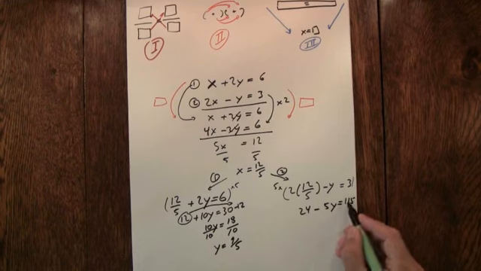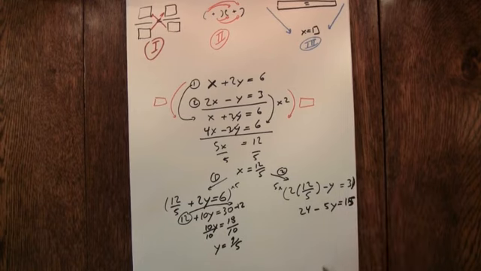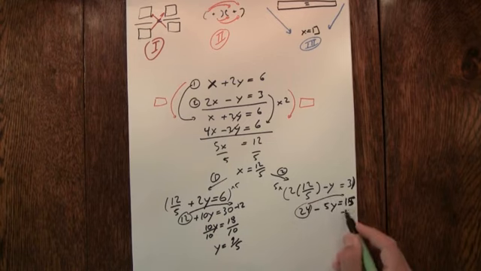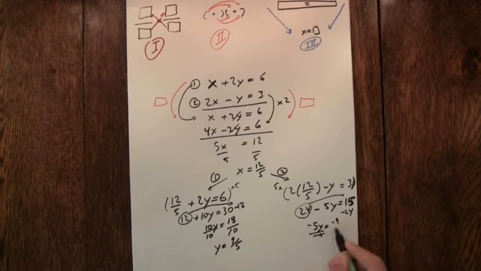Oops, this should be 15, not 150, right? So I'm going to grab this guy, bring it over, it becomes minus 24. So I have negative 5y is equal to 15 minus 24, which is negative 9. Divide by negative 5, divide by negative 5, and you get y is equal to 9 over 5.